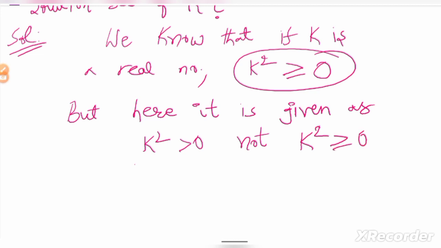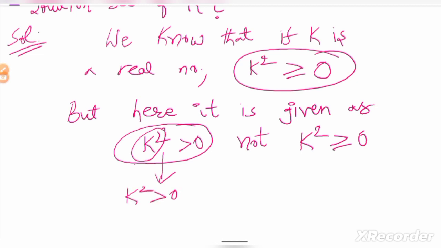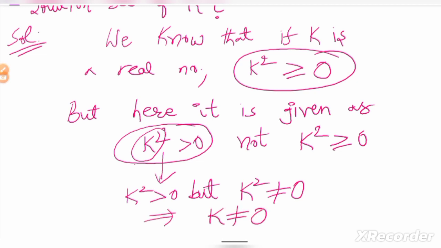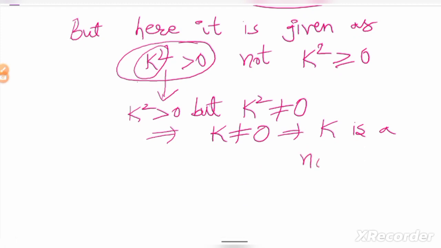So if it is given as k square greater than 0, that means k square is always positive. So we can say that k square is positive, but k square is not equal to 0. So this implies k is not equal to 0. So this implies k is a non-zero real number.